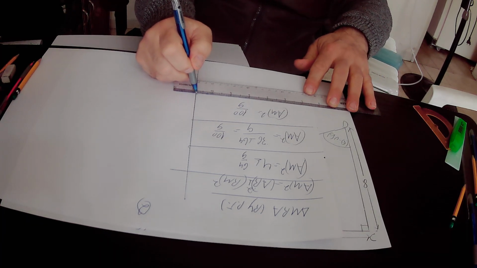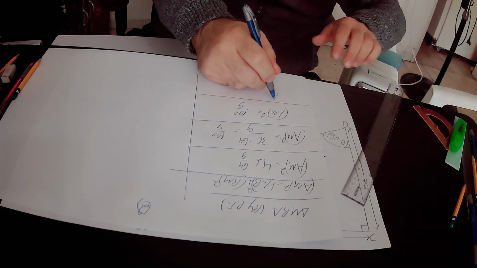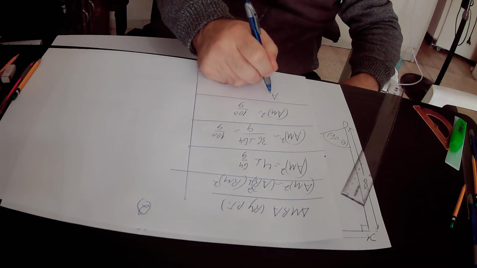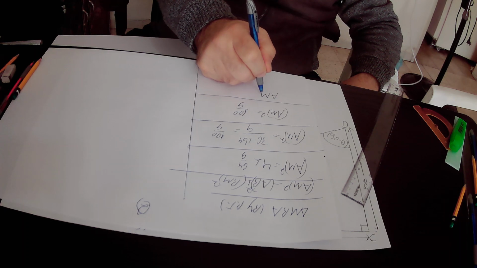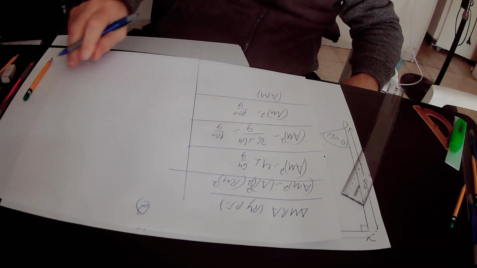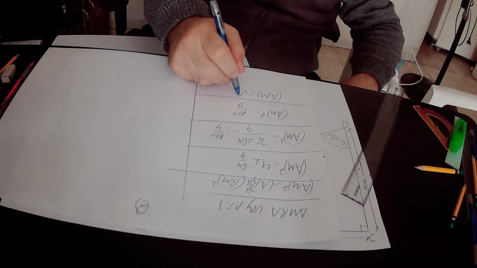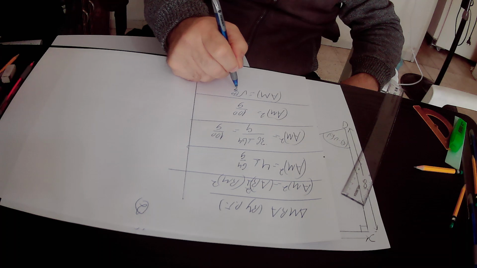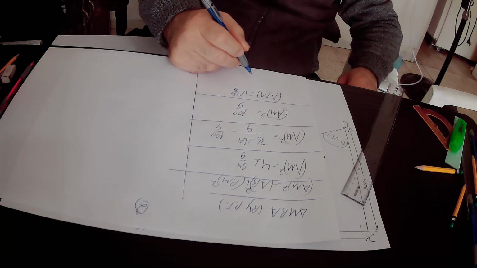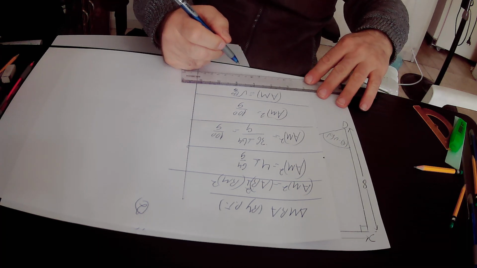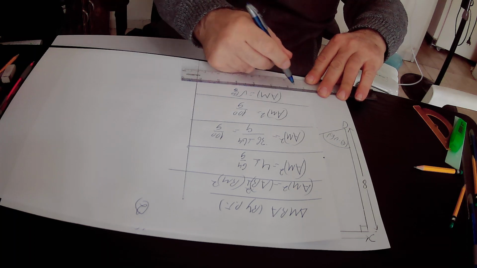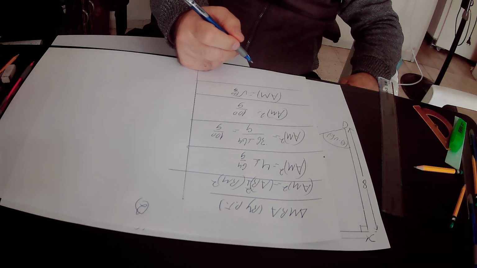Here we will take a root of this equation and we get that AM equals the square root of 100 over 9.